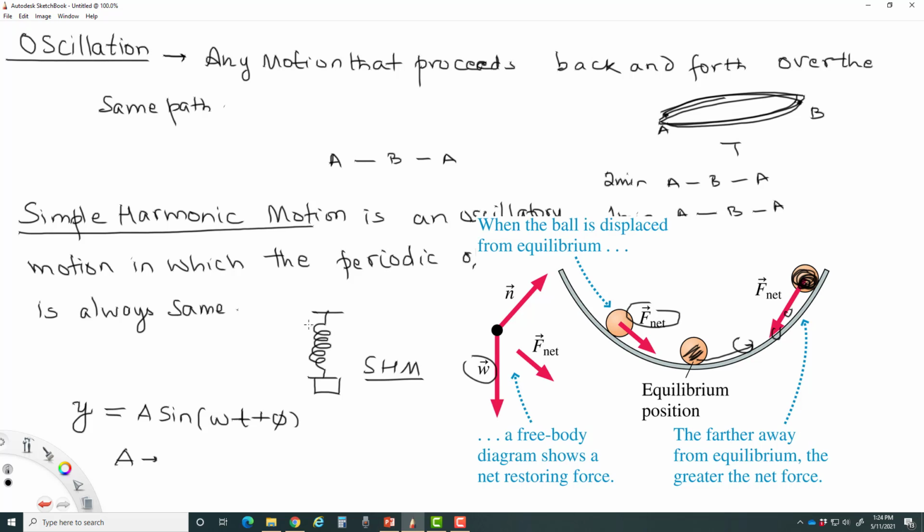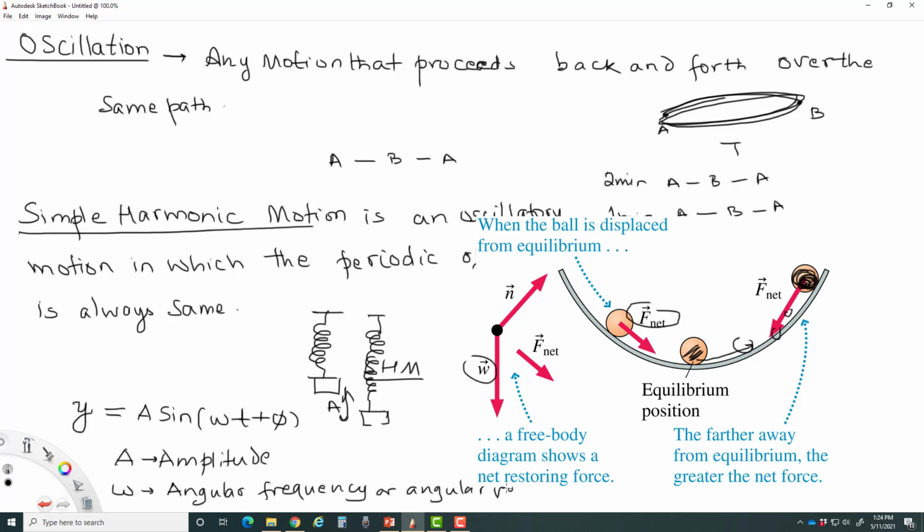Like in the case of the spring, let's say the spring can go up to this point from its equilibrium, then this would be the amplitude. And omega is the angular frequency. It's also called angular velocity.